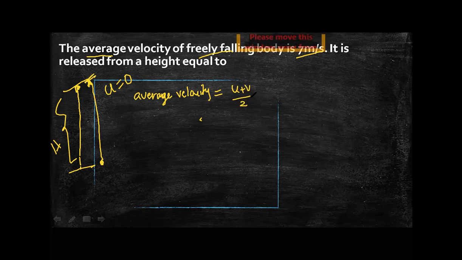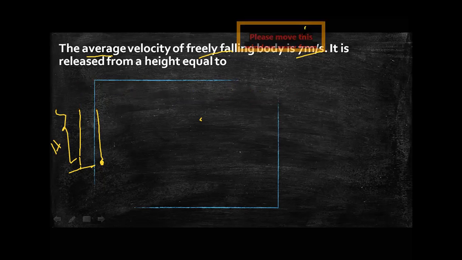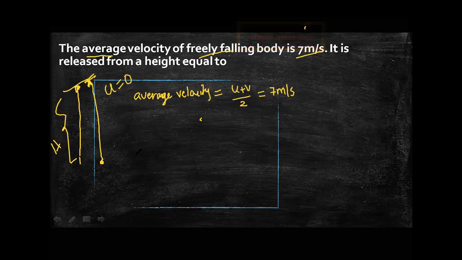The average velocity of the body is 7 meters per second. That is given. So how can I find the height from the given average velocity?